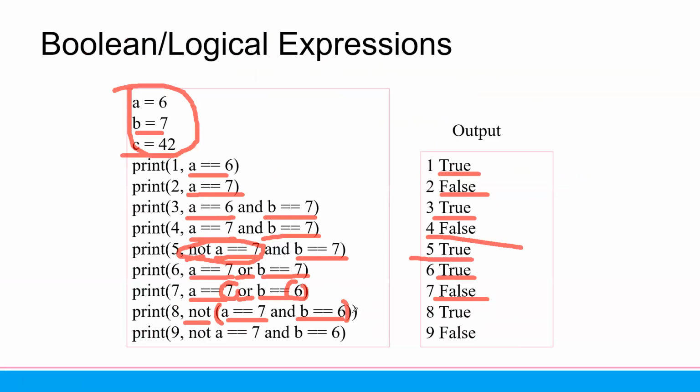False and false, false. But we have not. Okay. Not A equals to 7. A equals to 6, so it means it is true. And B equals to 6, it is false. So the result is false.